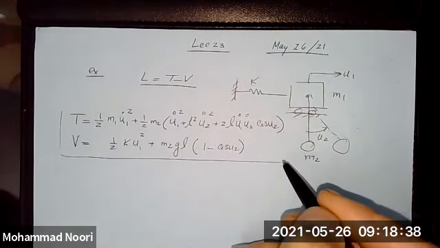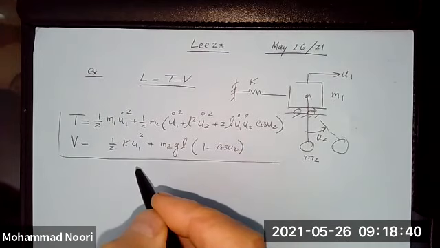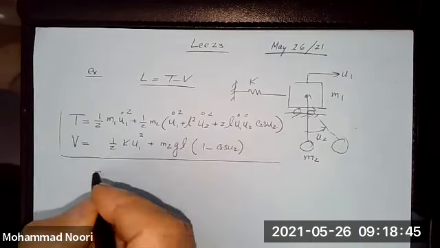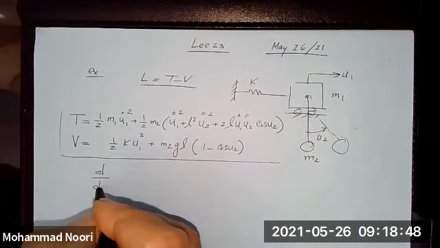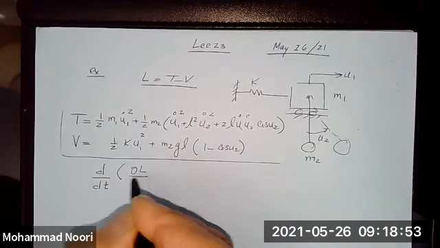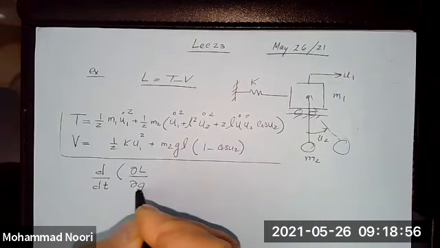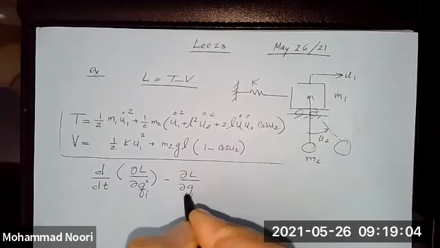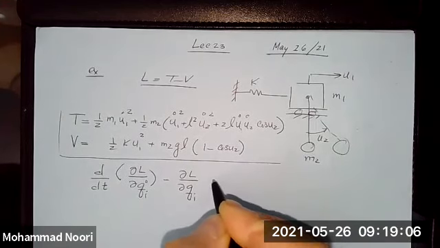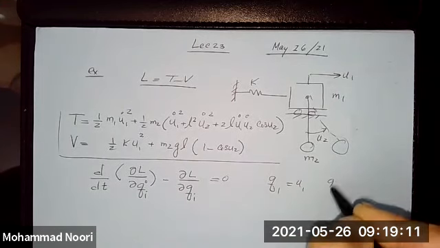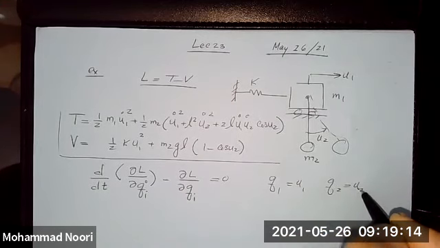And to set up the equations of motion, you just follow this simple procedure. You need to set this equation up for each degree of freedom. And what is Qi? In this case, Q1 is u1, Q2 is u2.